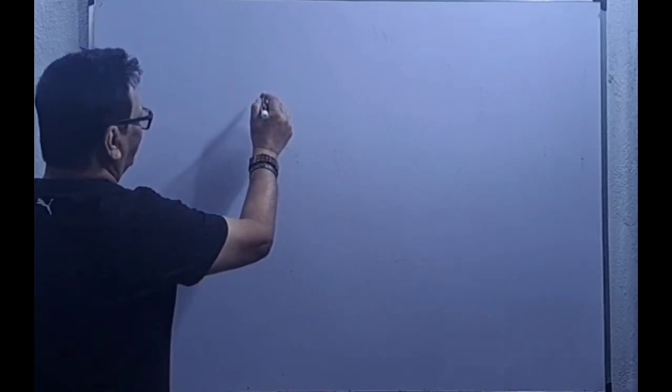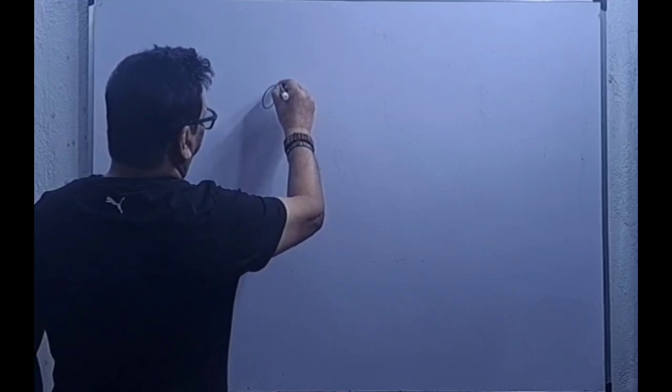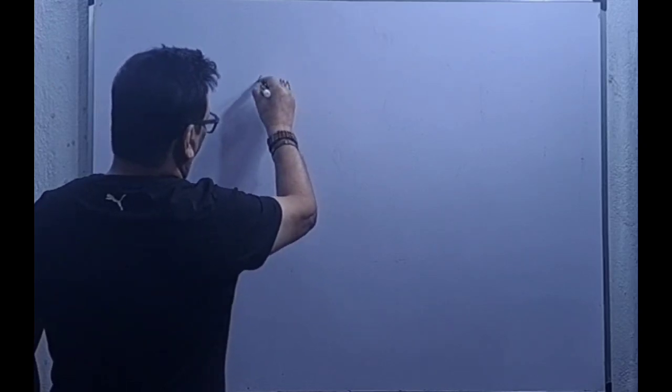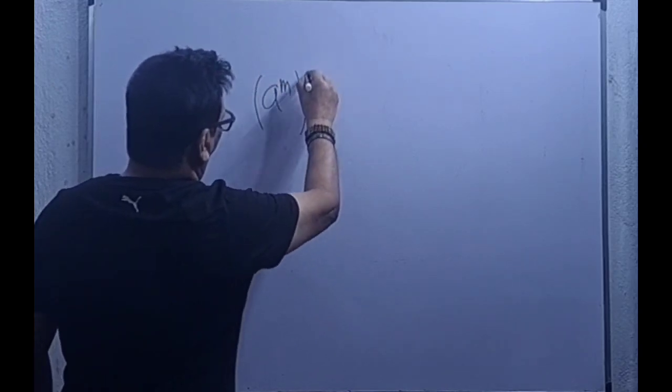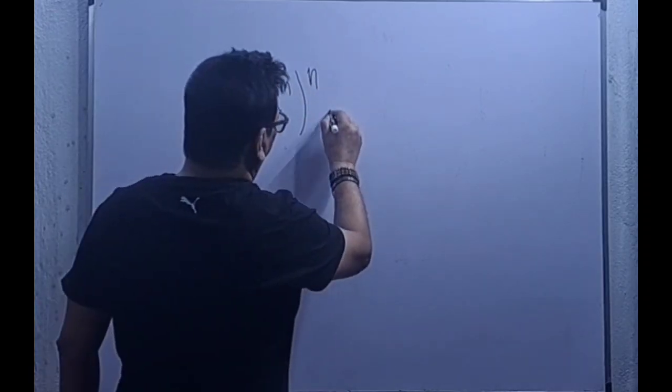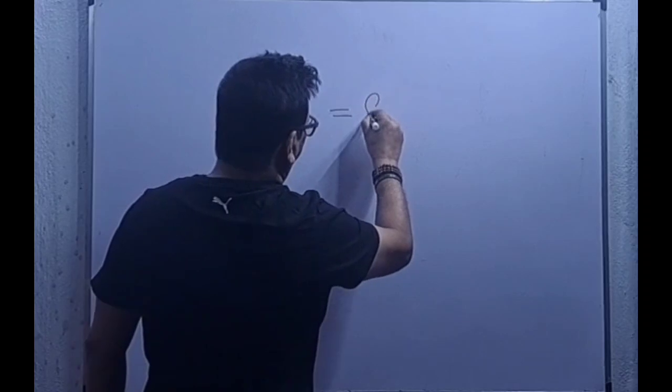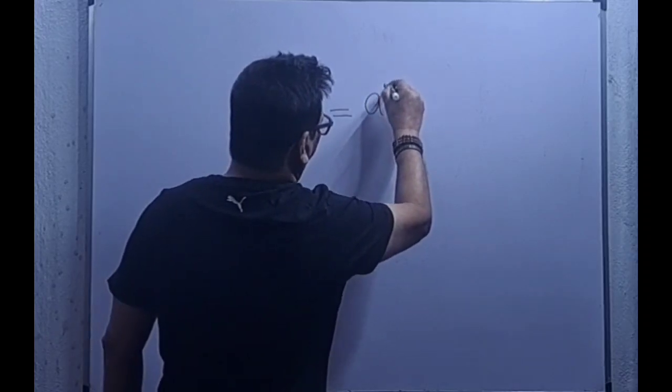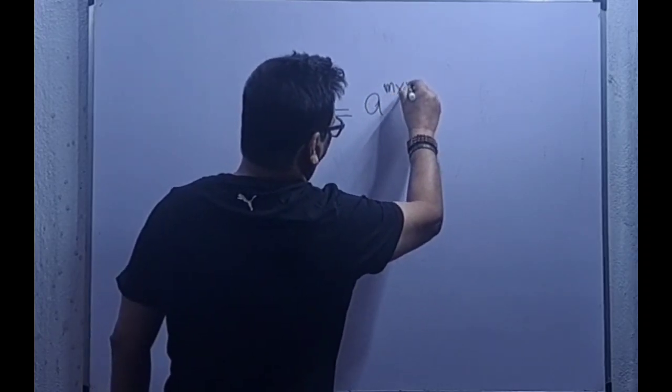Now see, a to the power of m whole thing raised to the power of n. What does it mean? So when you do it, it happens like this: a to the power of m times n.